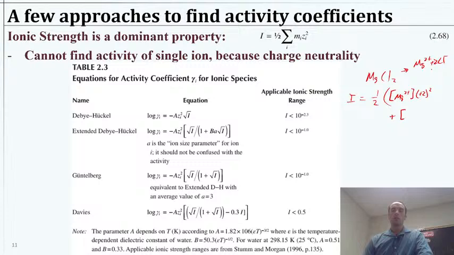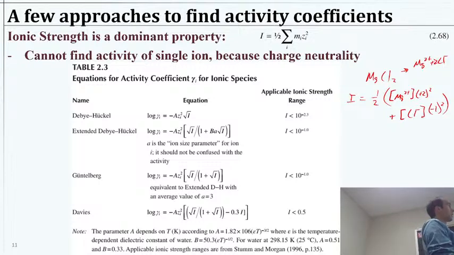That 2 is just calculated in the overall concentration. We don't include that as an exponent anywhere in here. So it's going to be Cl- times that -1 charge squared. So that's kind of the approach. That's what this little equation is saying. It's 1/2 times each concentration times its particular charge squared. So that's ionic strength, and that can be put into all sorts of different equations to find an activity coefficient.